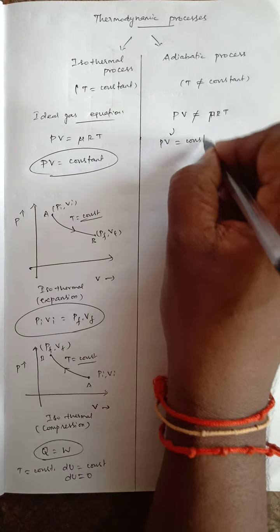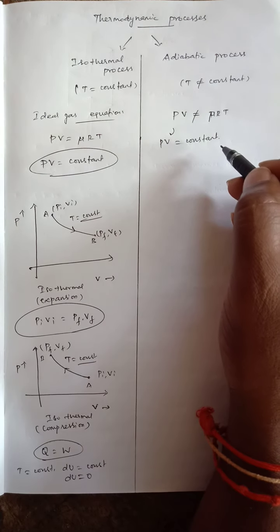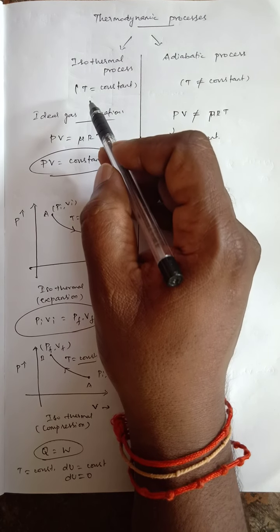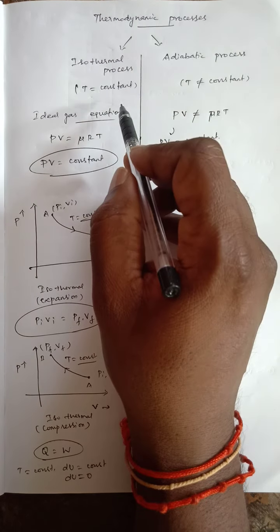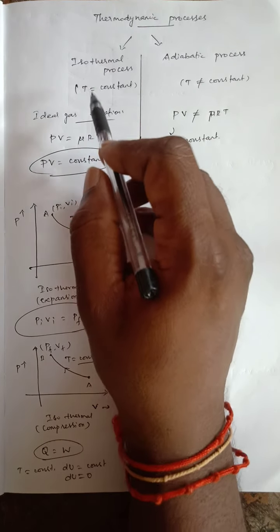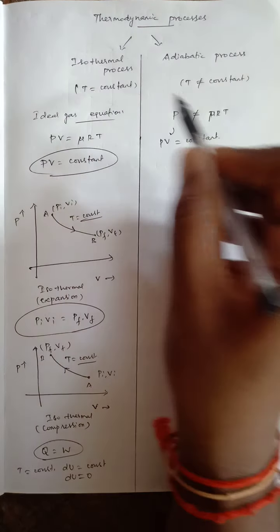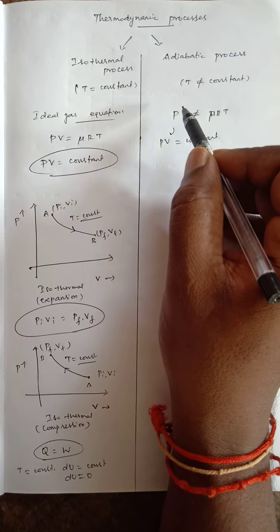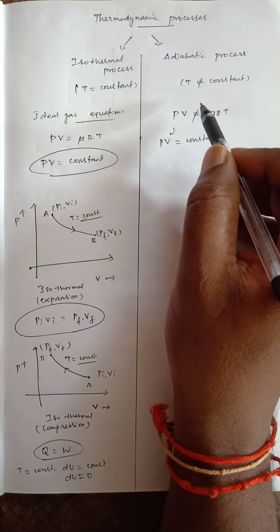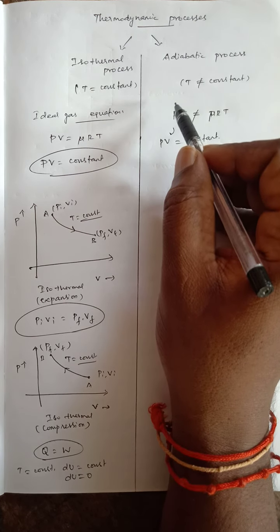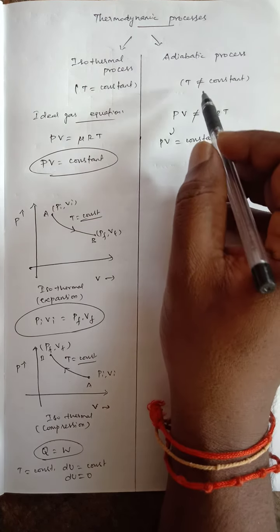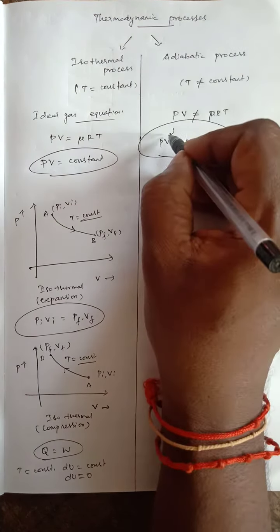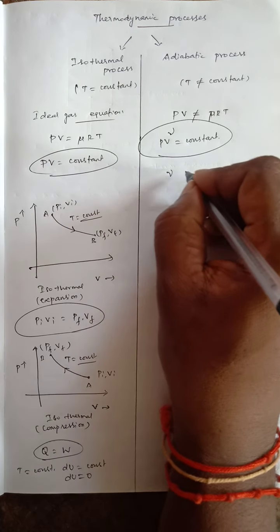Temperature would be constant only if heat were transferred from system to surroundings or surroundings to system. In these cases, temperature is not constant, which means heat is not moving between system and surroundings. Clear? So we write PV^gamma equal to constant.